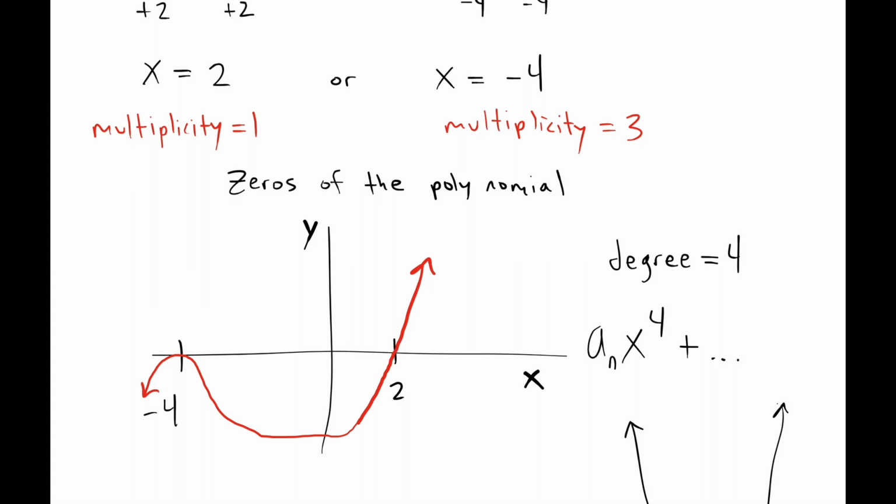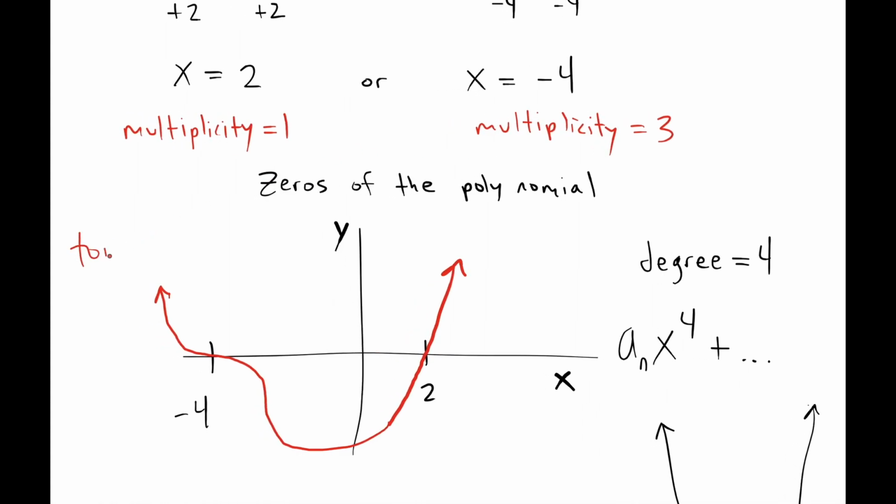This one having a multiplicity of 3 means it is going to go through the axis, but the way it goes through will be by forming what the homework system calls a wiggle. They call it a wiggle when you go through the x-axis, but you don't go straight through. So that's the kind of thing we would expect.